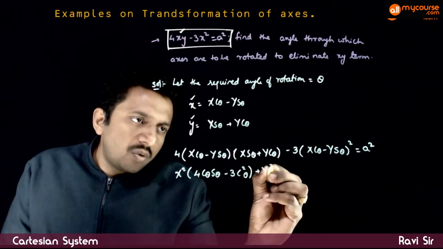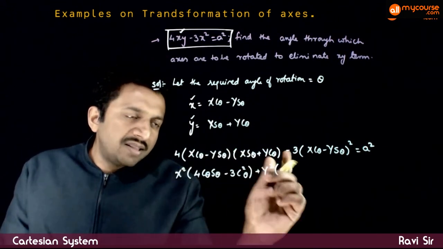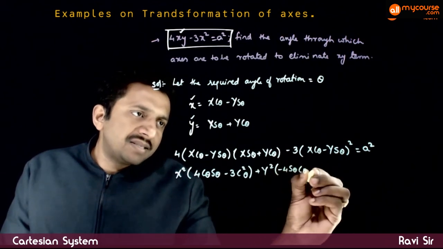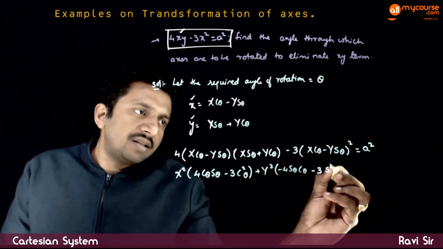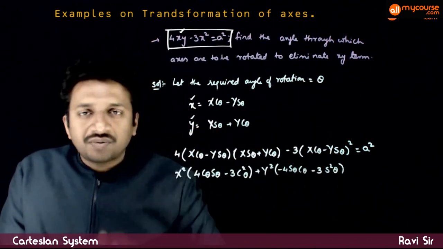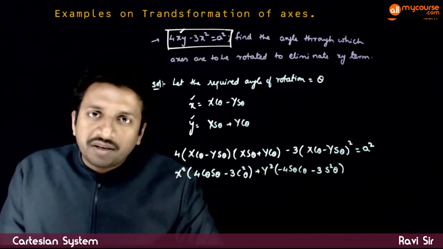Next, plus y square terms. The y square term is minus 4 sin theta cos theta minus 3 sin square theta. You have a y square term here and a y square term here, because if you expand this square, you get y square sin square theta.